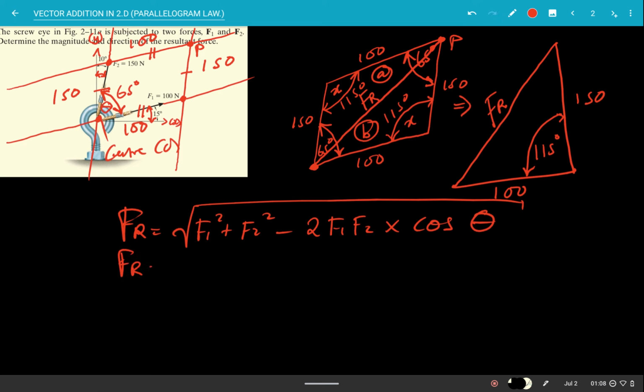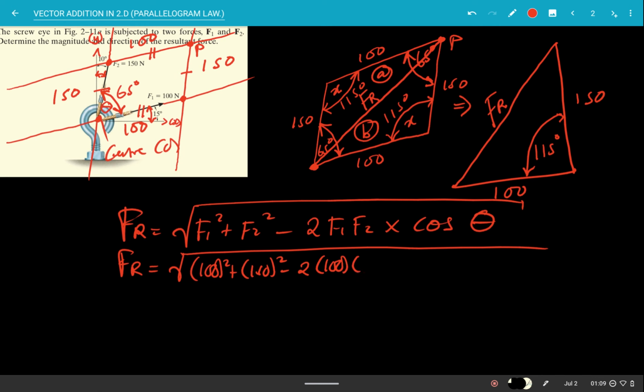So force resultant is equal to, substituting the values, F1 is 100, so 100 squared plus F2 is 150 squared minus 2 times 100 times 150 times cos theta. Remember, theta is the angle at the middle. So I have 115 degrees, like that.